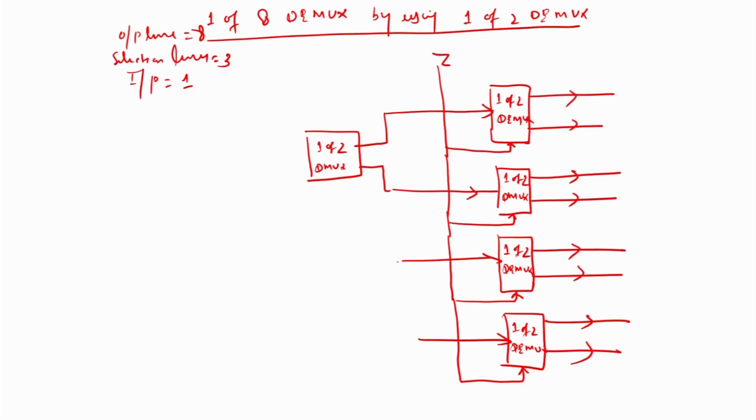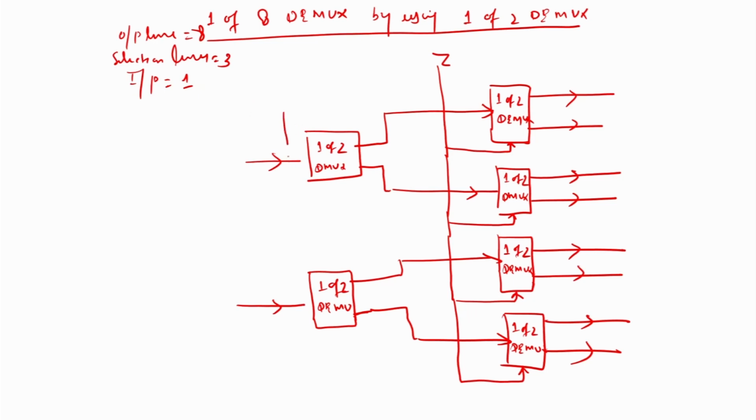Then again there is a need of 1 of 2 demux. There are 2 outputs, and again 1 input is there, and one selection line.